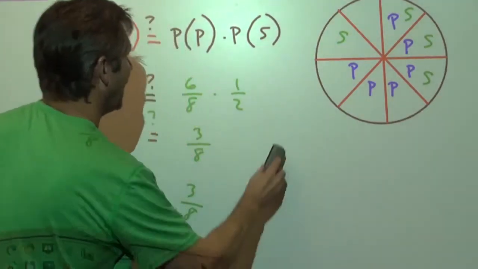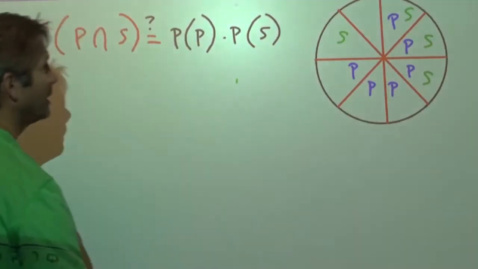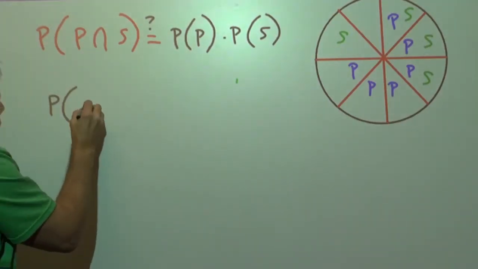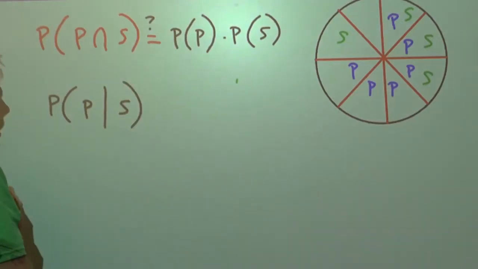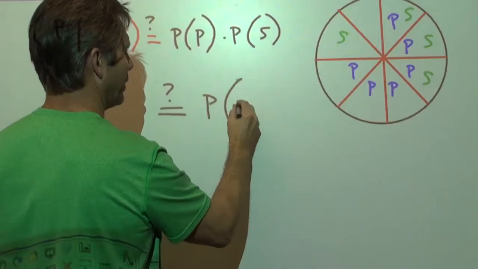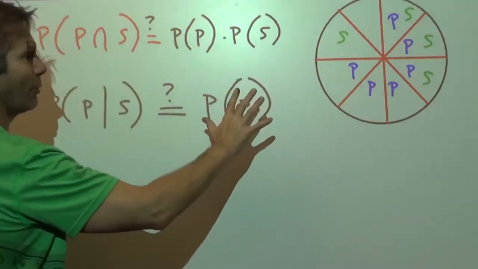The second test we can run is to focus on pepperoni. What's the probability of getting a piece of pepperoni given that the piece has sausage on it? Is it still equal to the original probability that a piece had pepperoni on it? Let's look again at the original probability.